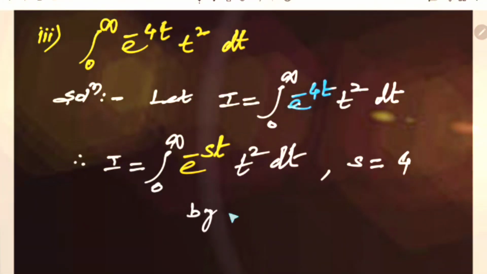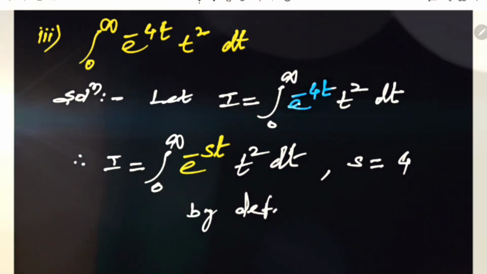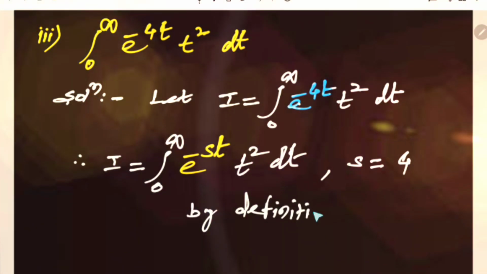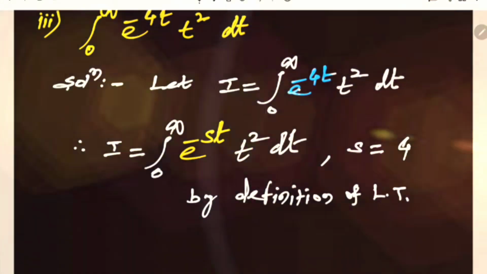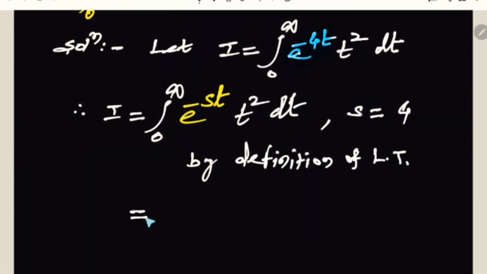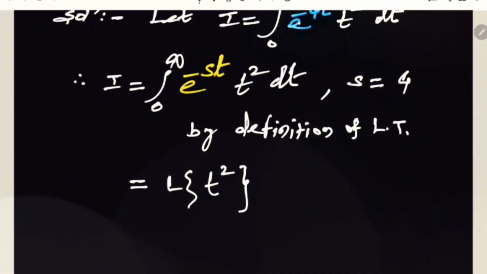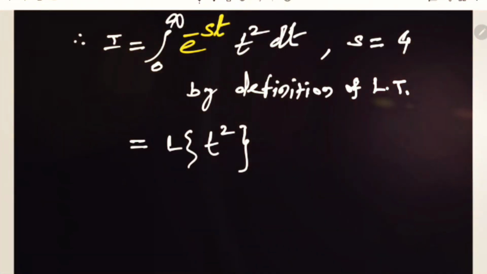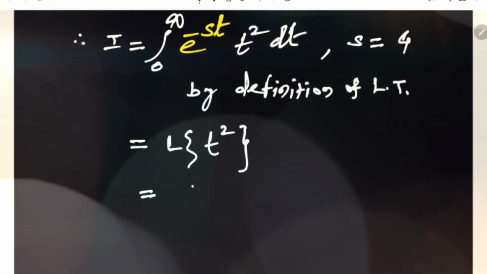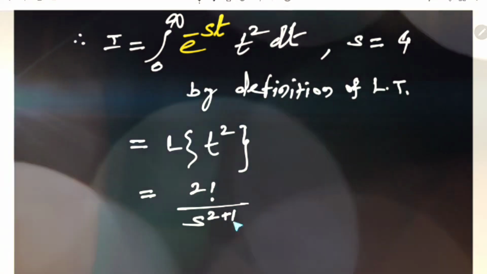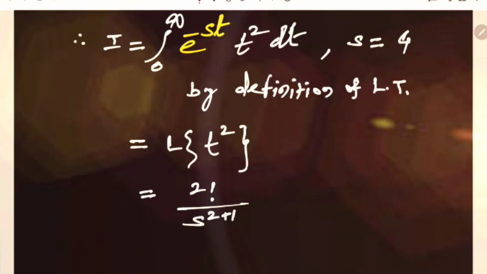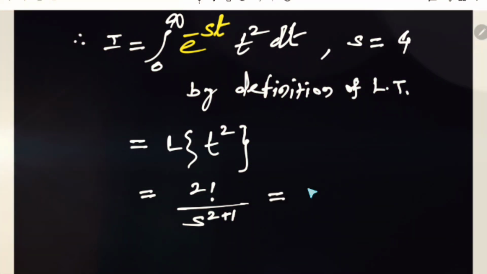as per the definition of Laplace transform. This step is nothing but the Laplace of that function f of t, and here that function is t square. Therefore, it is Laplace of t square. And then applying the standard result of Laplace, here the power is a positive integer, Laplace is n factorial, means 2 factorial divided by s raised to n plus 1, 2 plus 1. We get 2 upon s cube.